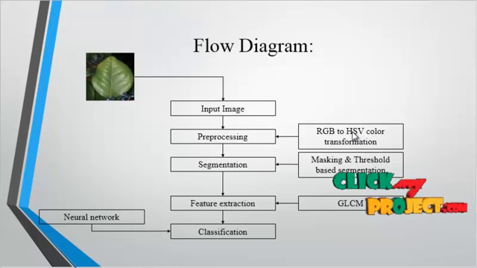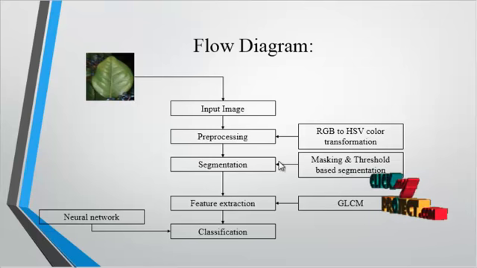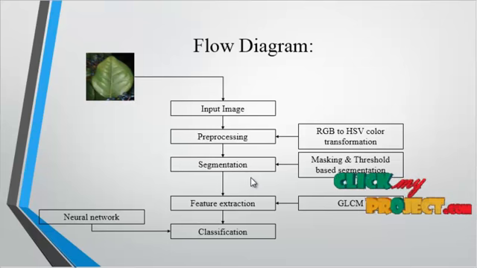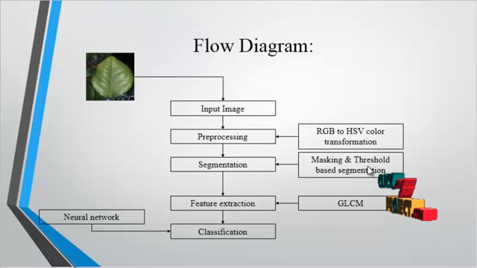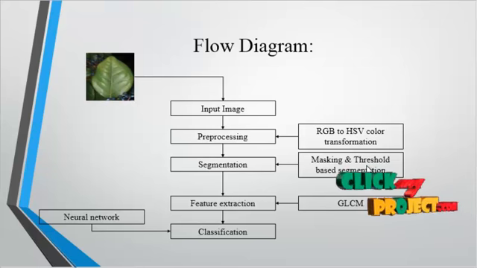The H region is the first band, the S region is the second band and the V region is the third band. After extracting these three bands, the segmentation is carried out using masking and thresholding. The masking is nothing but the region of leaves represented by zeros and ones, and the threshold limit is from 0 to 1.